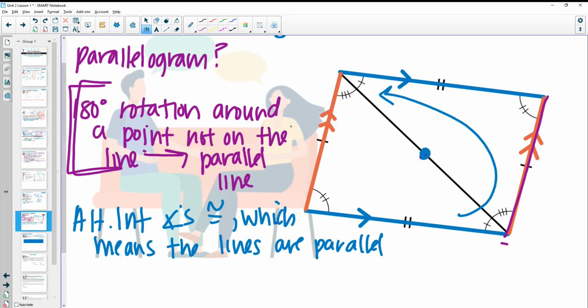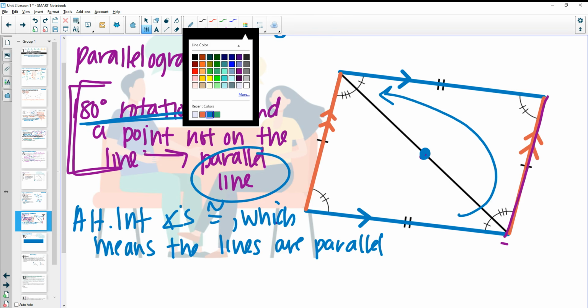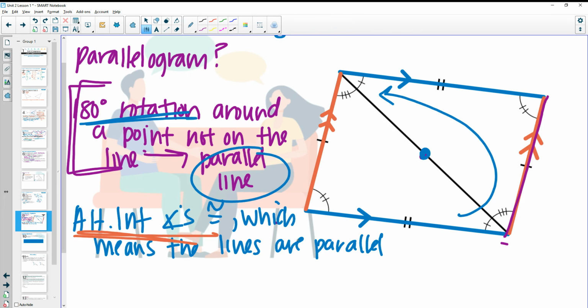So you either said something from your previous reference chart about a 180-degree rotation creating parallel lines, or you said something about alternate interior angles being congruent, which also creates parallel lines. And then that would make this a parallelogram.